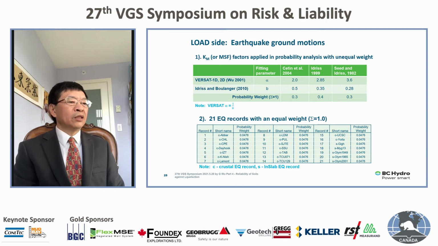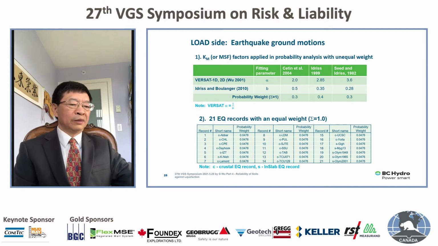But for the alpha factor in the top table, I have used three slightly different weights: 0.3 for Seed, 0.4 for Idriss, and 0.3 for Idriss and Seed. In the 21 records, I have used the same weight, meaning 1 divided by 21. So combining the three scenarios times 21, you get 63 cases for the load. Next slide.